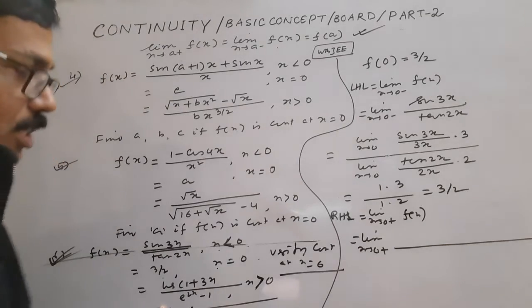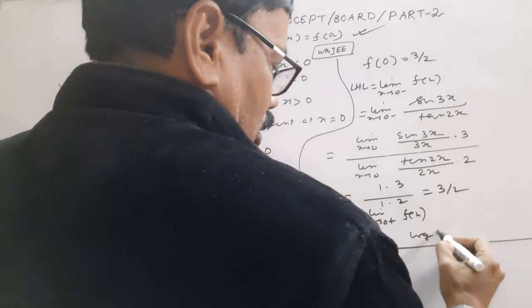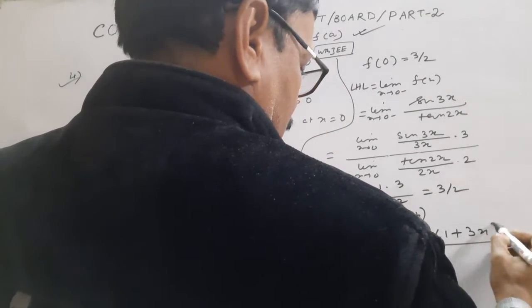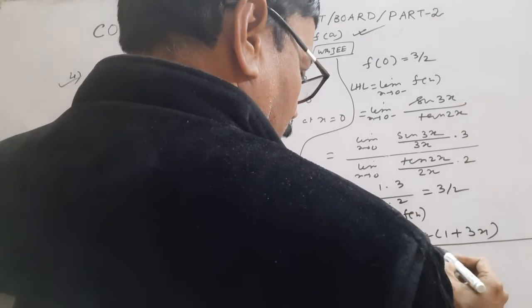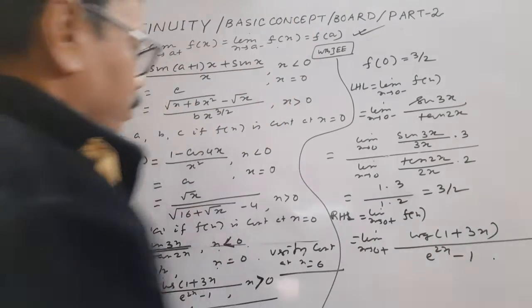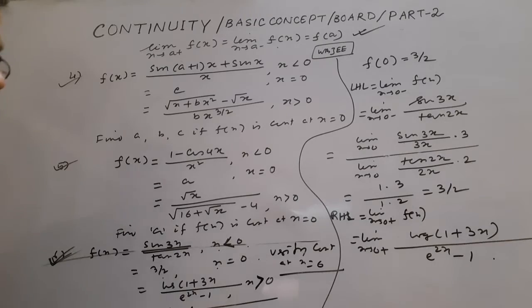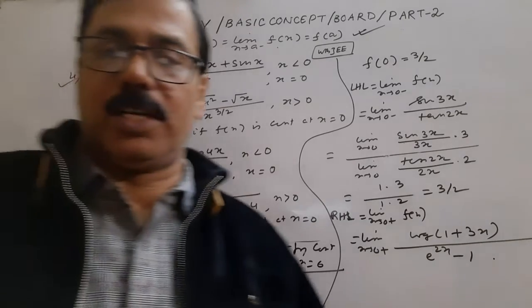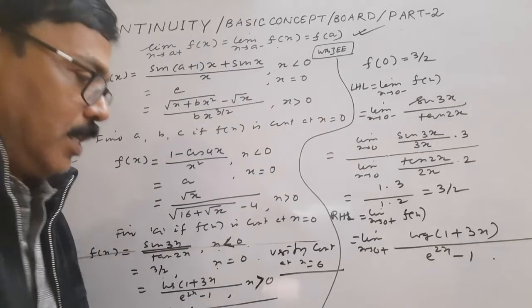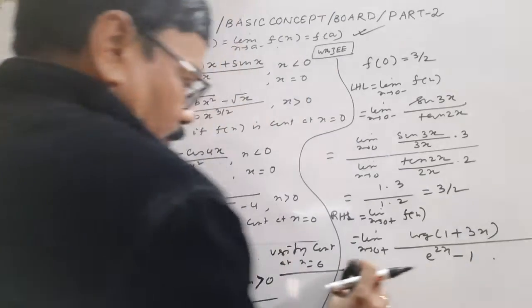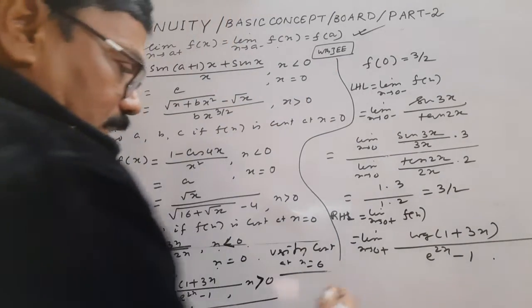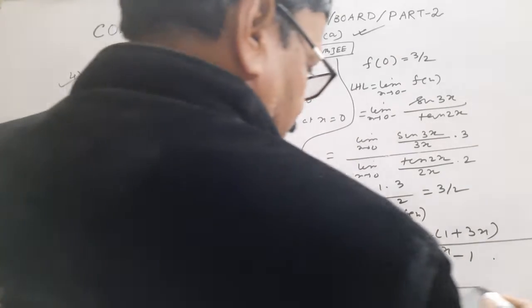you look at the restriction. This is log(1 plus 3x) by e to the power 2x minus 1. Now try to recall the standard result of limit.